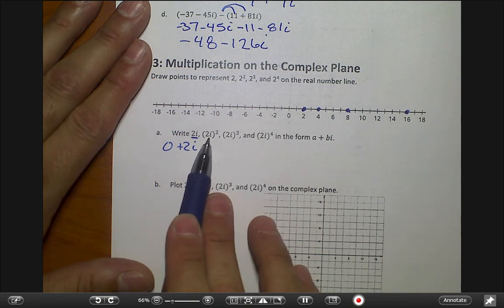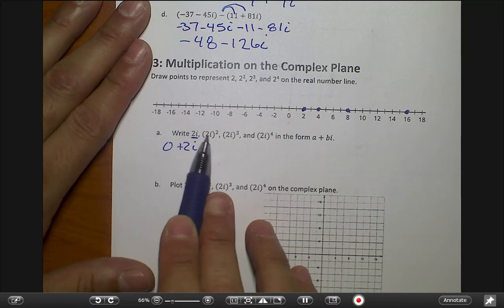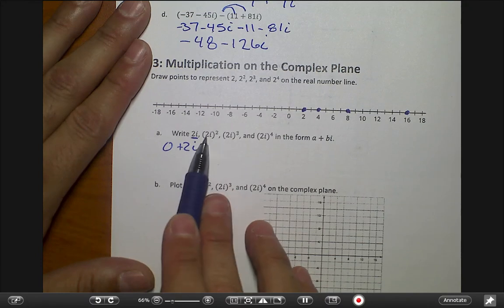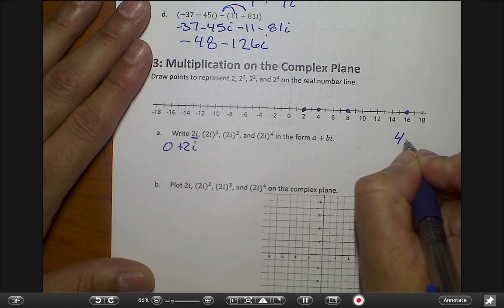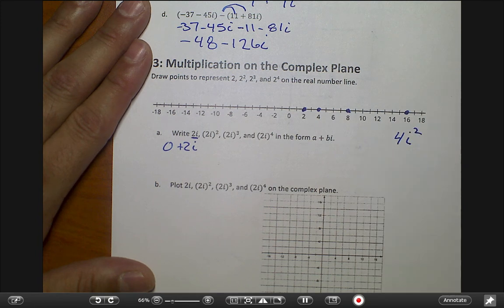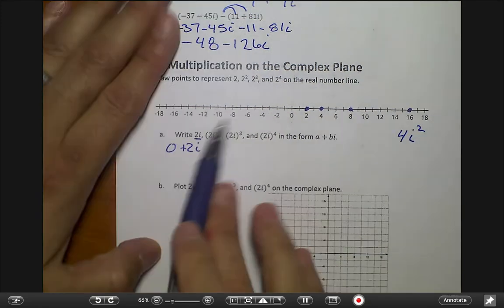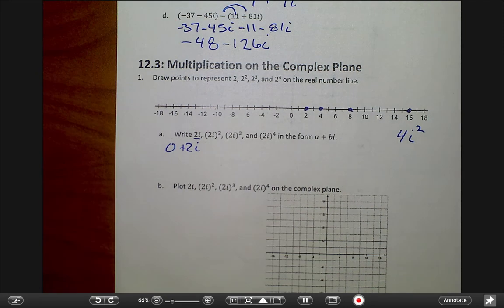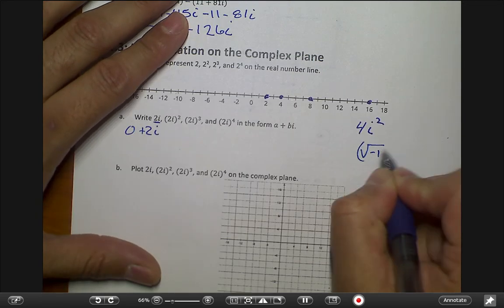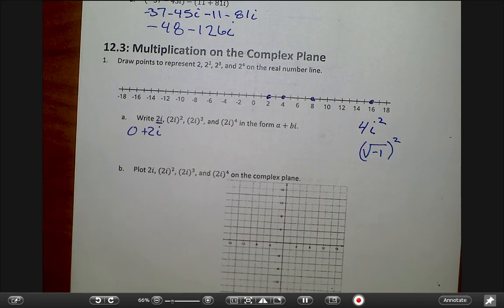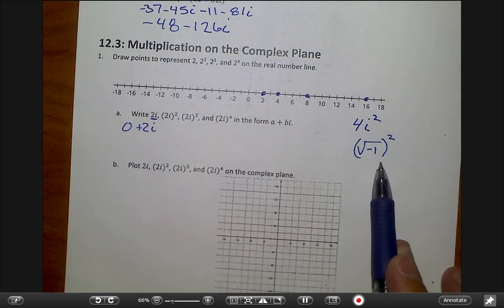Now, for this one right here, okay, what is 2 squared? 4. That piece is 4, right? So it's 4, and then it's going to be i squared, right? Because I'm squaring the 2, and I have to also square the i. But what do we say i is? Square root of negative 1. So square root of negative 1 squared. Yes? That represents i, right?